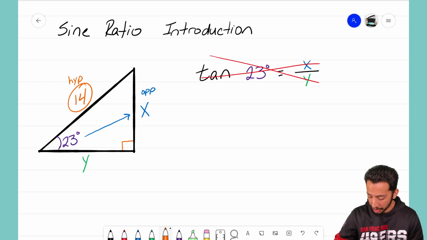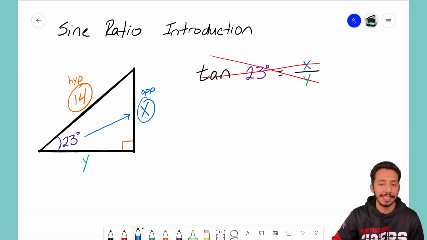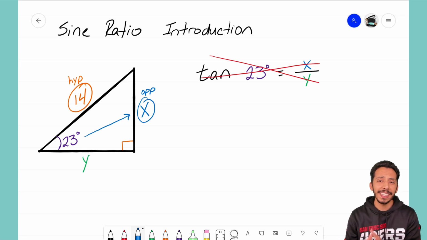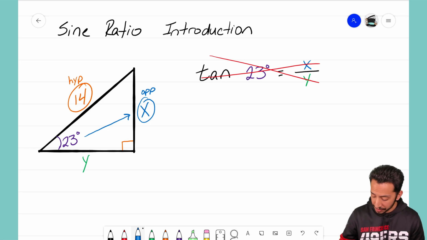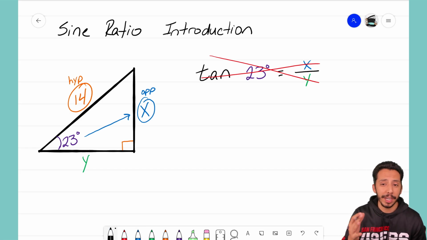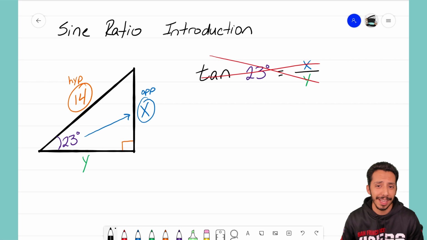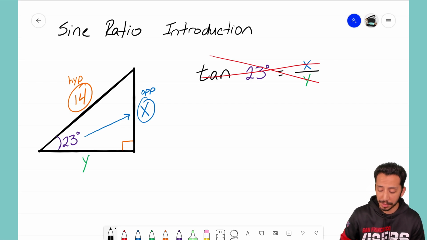So we have our hypotenuse, our opposite side x, and our reference angle. This is where we want to introduce the sine ratio. Let me write it out as a formula first, and then I'll show you how we'll use it with our problem.